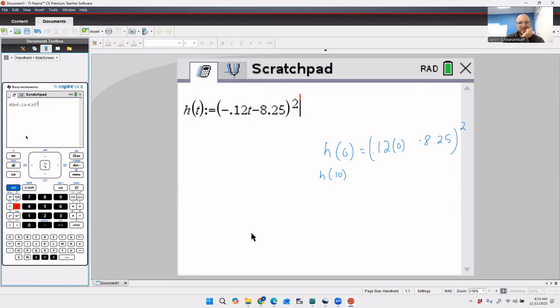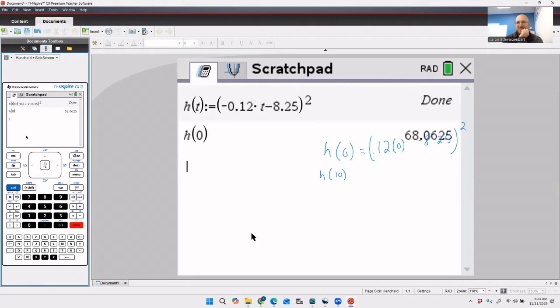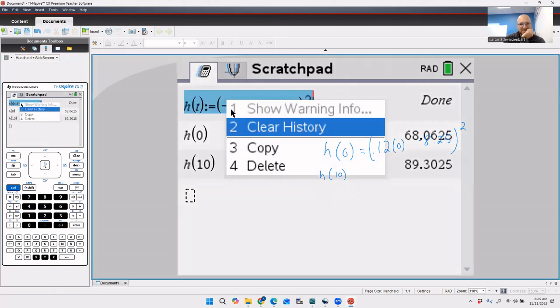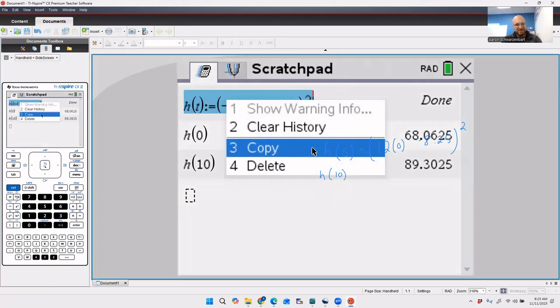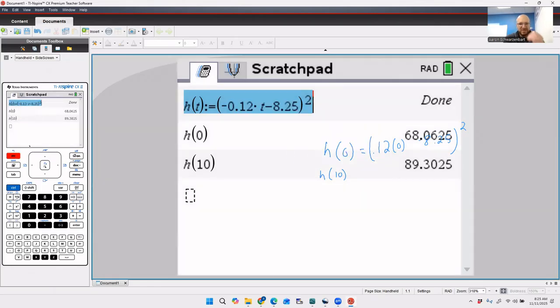That's right. Okay. Now if I do h of 0, it evaluated it for me. H of 10. Wait, I might have taken the function wrong.